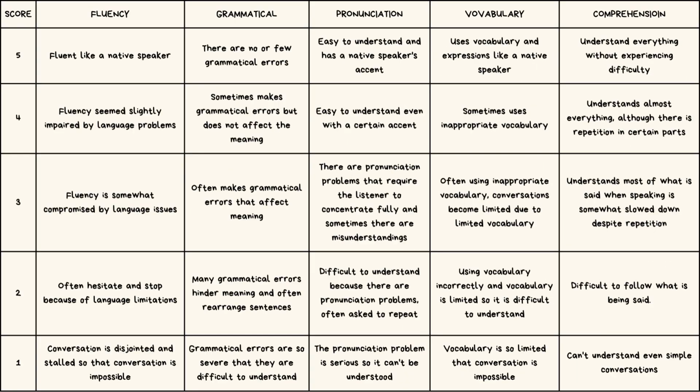On this slide, we know that there are fluency, grammar, pronunciation, vocabulary, and comprehension for the scoring. There are also scores 5 up to 1. It has different explanations for every grade or every level of proficiency of students' speaking ability.